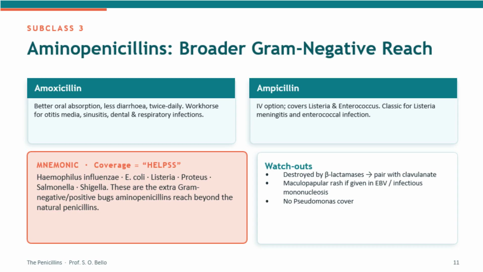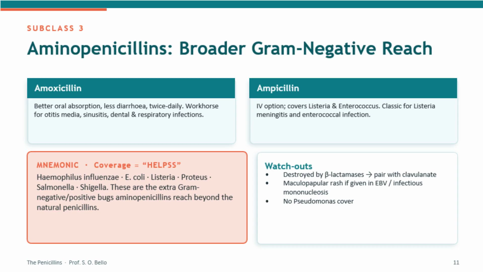Of the two, amoxicillin is better absorbed orally, causes less diarrhea, and is dosed less frequently, so it's our oral workhorse for otitis media, sinusitis, dental and respiratory infections. Ampicillin is the intravenous option and has a special role against Listeria and Enterococcus.